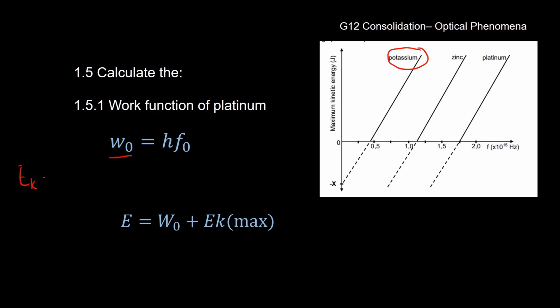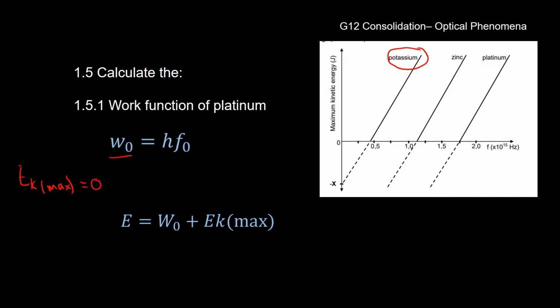Is there any kinetic energy? No. That electron is not moving off the surface, it is just moving from below to onto the surface. So when we are thinking about this, we need to bear in mind that for this situation, the EK max of the electron is going to be 0.